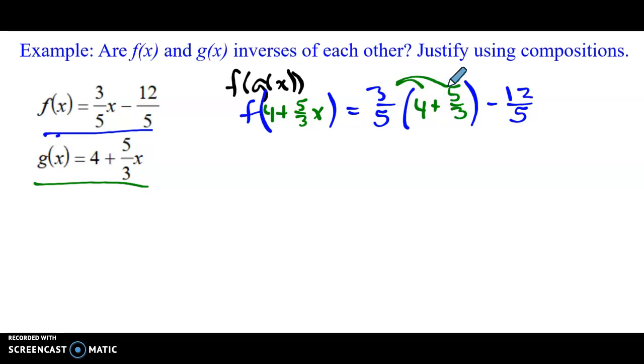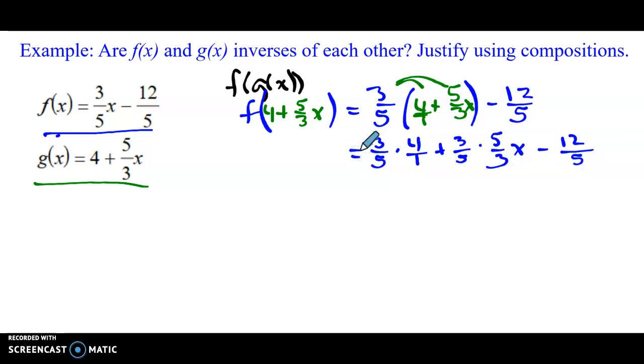When we distribute, we're going to write that 4 as 4 over 1. So you could just put it over 1. So I'm going to show you the complete multiplication of this fraction, 3/5 times 4 over 1 plus 3/5 times 5/3. And what did we forget about that 5/3? We forgot an x. Can't leave our x out. So 5/3 x minus 12/5.